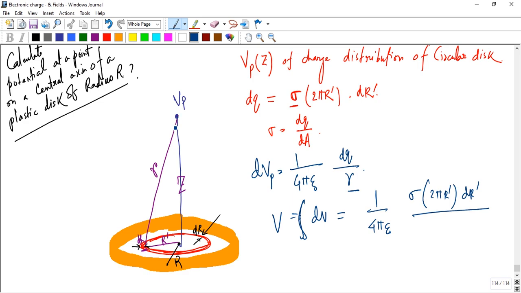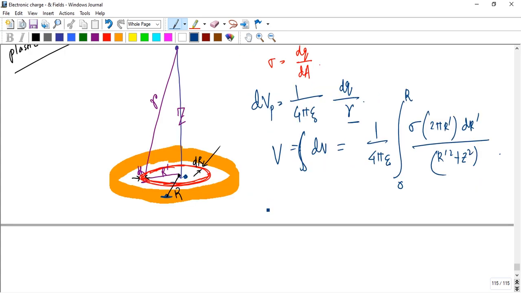The triangle is a right angle triangle, so r is the hypotenuse: r dash square plus z square, under the root. The integration limit is 0 to R, which signifies that we can choose this small area anywhere on the disc.